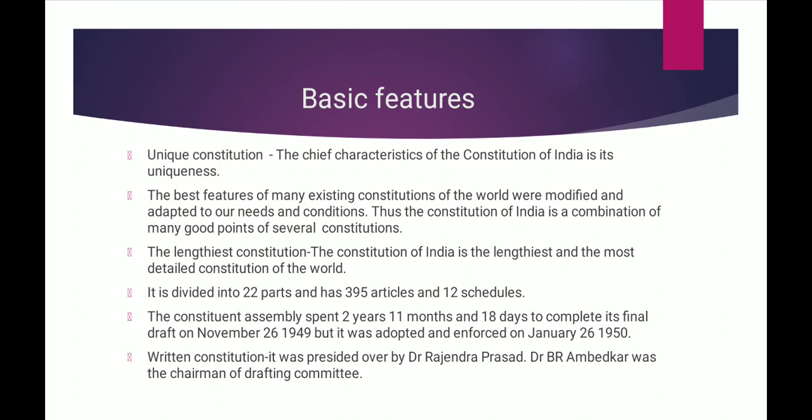In the previous class, we discussed the Constituent Assembly, how it was prepared, and how all sections of people joined in the Constituent Assembly, and the drafting committee was also formed, and the important people also taking part in the Constituent Assembly.